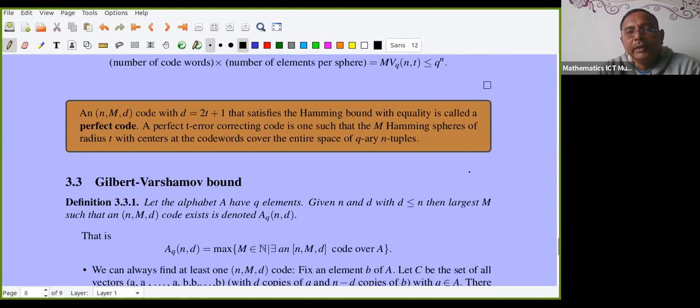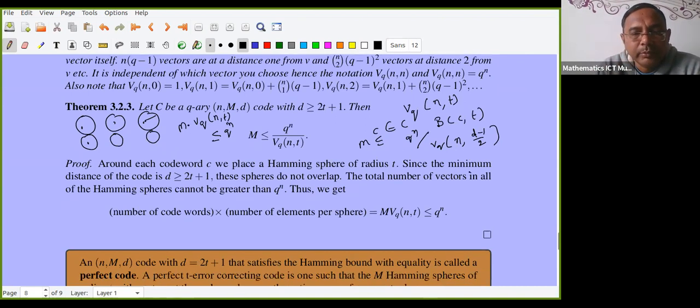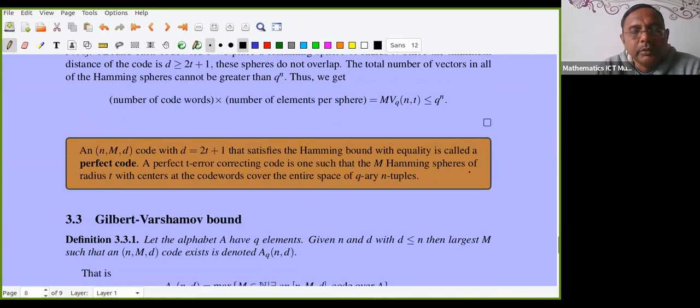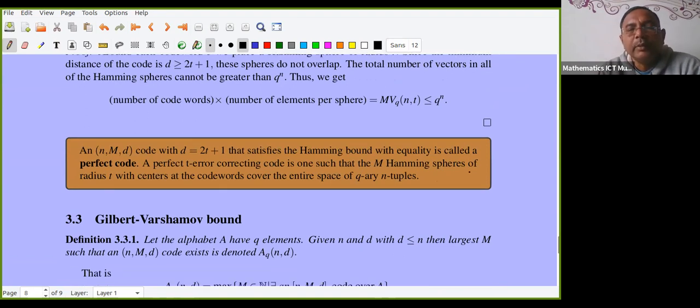The codes which satisfy this with equality are called perfect codes. Sorry, I may have been mistaken earlier. As a non-trivial example for the singleton bound, I said Hamming codes. We'll check it. Hamming codes satisfy the Hamming bound with equality, so they are actually perfect codes. So there was a mistake. What are perfect codes?